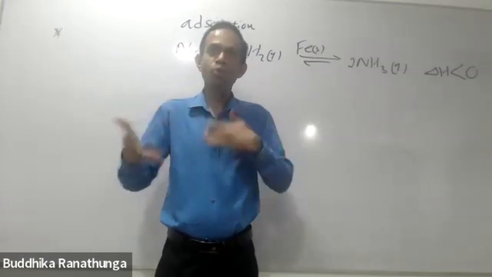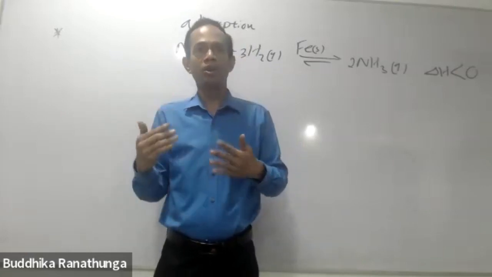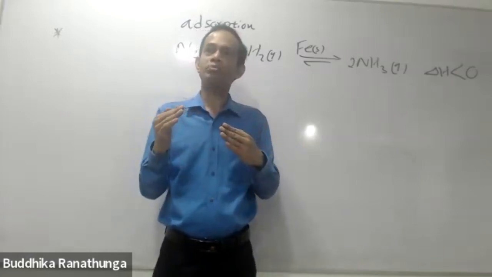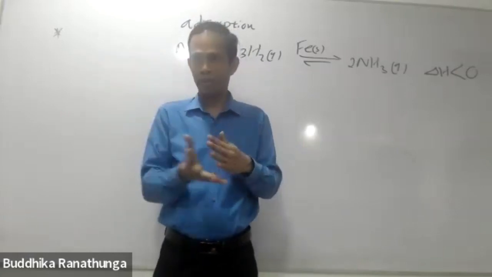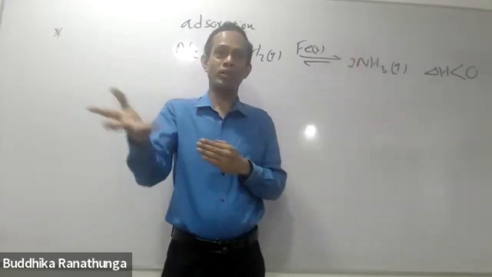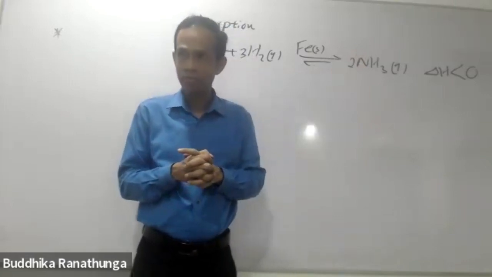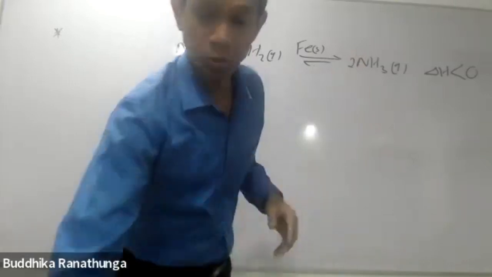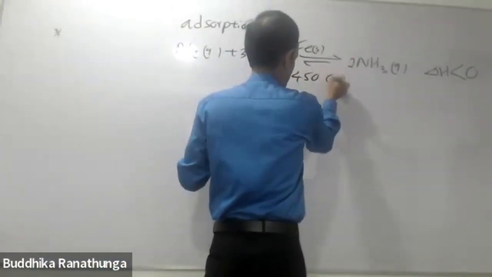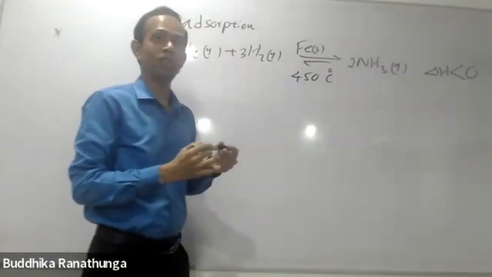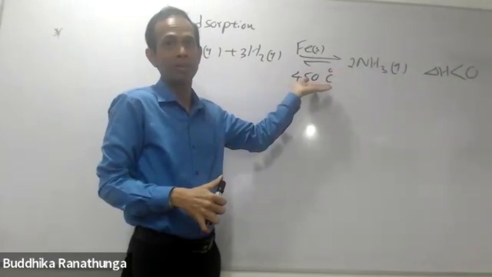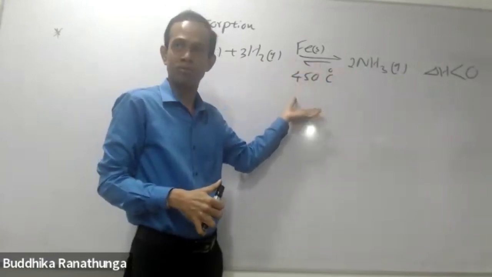That means we do several trials and find out the best condition to get the maximum profit, not the maximum product, maximum profit. Is that clear? Right. That has been found as around 450 Celsius.